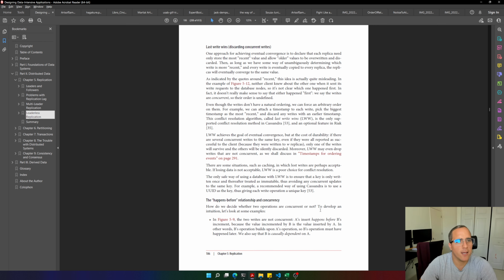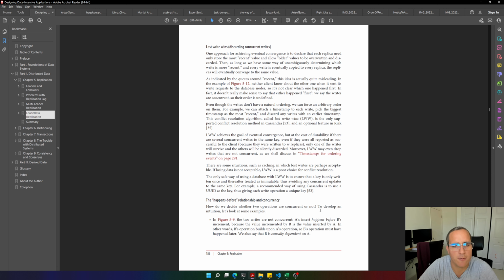We say the writes are concurrent, so their order is undefined. Even though the writes don't have a natural ordering, we can force an arbitrary order on them. For example, we can attach a timestamp to each write, pick the biggest timestamp as the most recent, and discard any writes with an earlier timestamp.